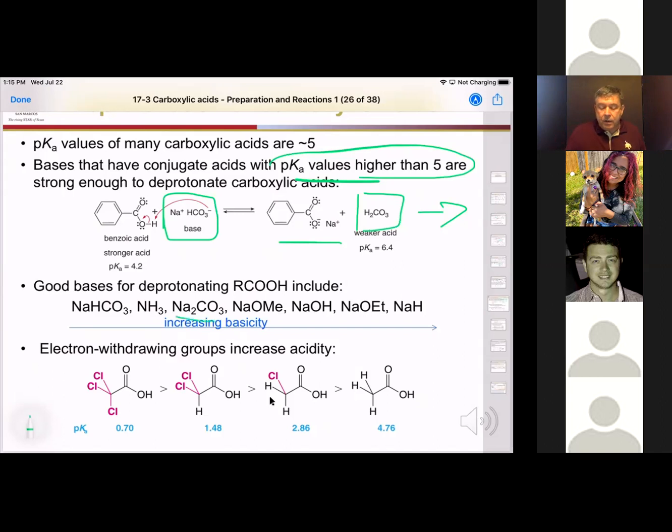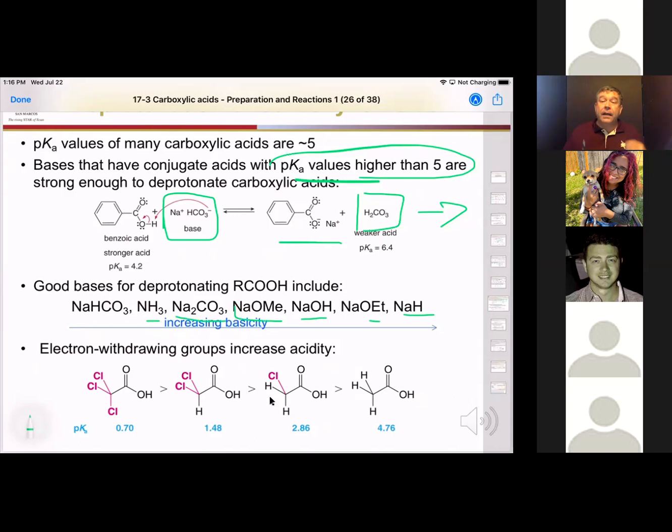So we have carbonates, alkoxides, hydroxides, hydrides, and even ammonia are basic enough to deprotonate all of the carboxylic acid. Now, can we change the acidity of the carboxylic acid? Can we make it higher and lower? Yes, we can. And we can do that with what we call an inductive effect.